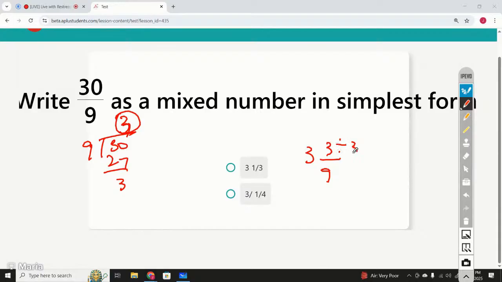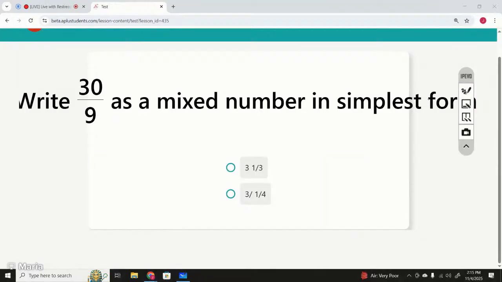Divide by the greatest common number. The denominator is always kept as the denominator. 3 whole 1 by 3. That is 3 whole 1 by 3. Option number 1 is the correct option.